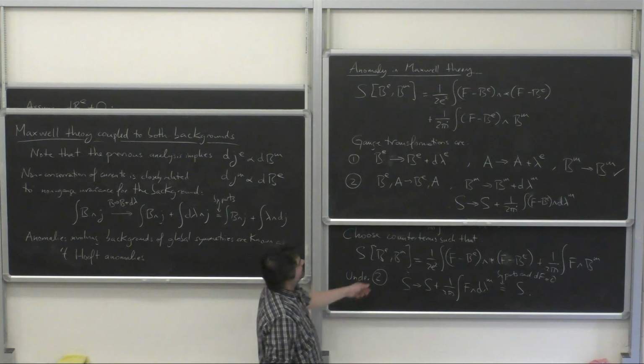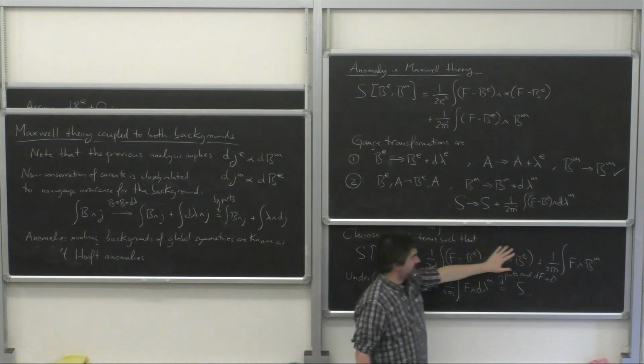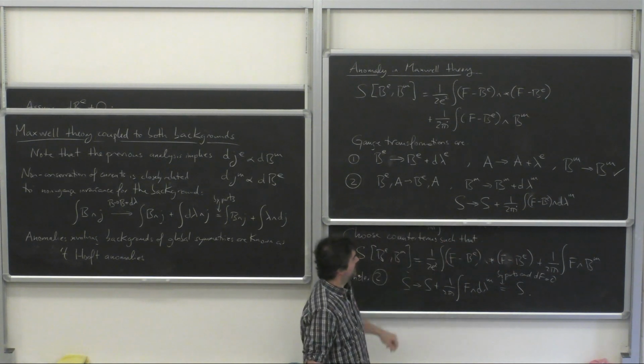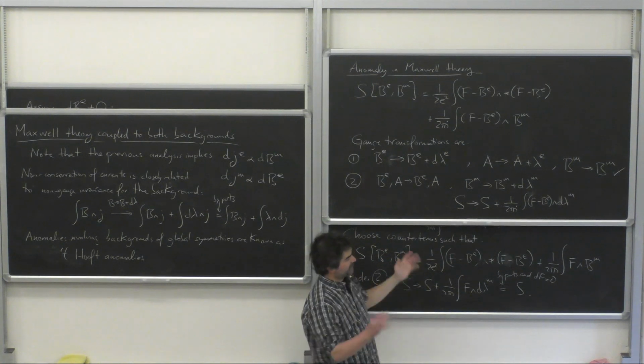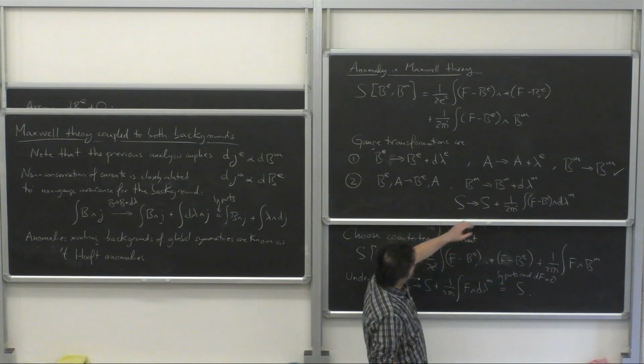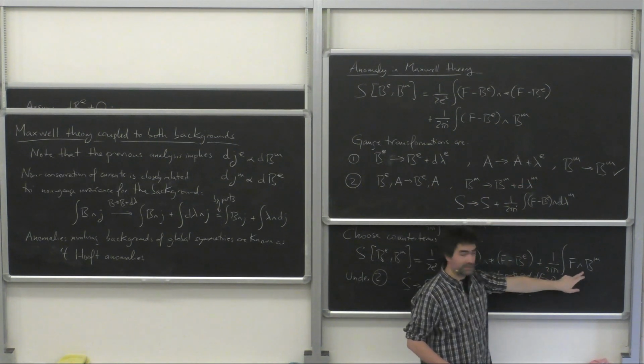But, of course, you have a problem if you do this transformation here. The kinetic term stays gauge invariant under this transformation. I chose the counter term, so at least I could have that. But this term here, because F shifts by d lambda E, will shift.